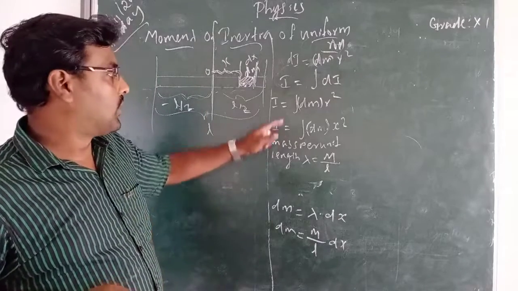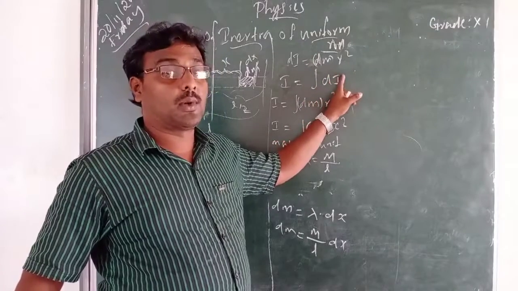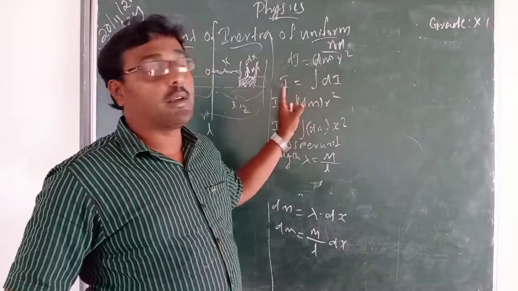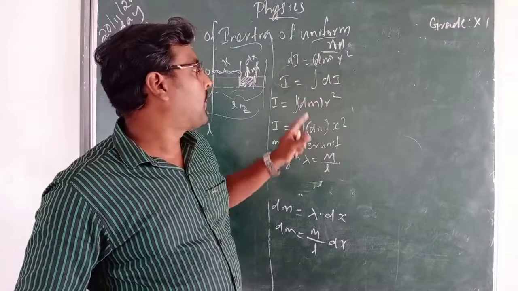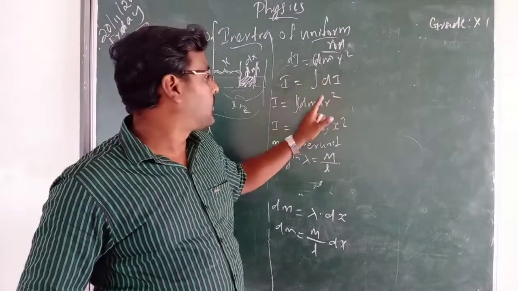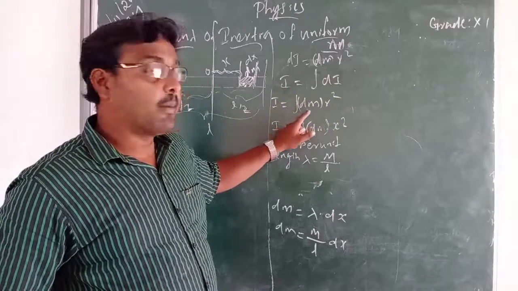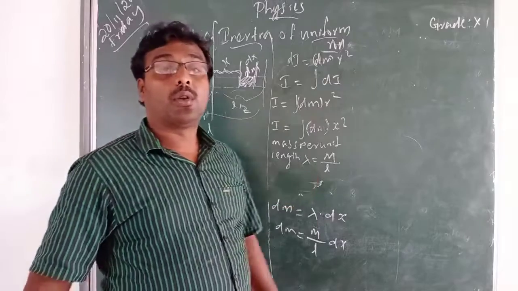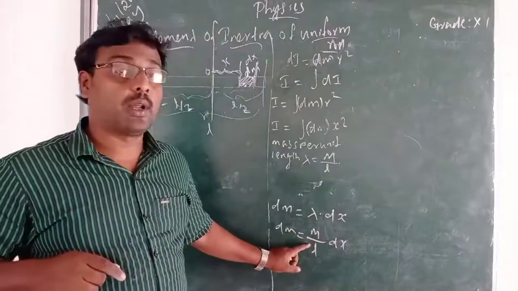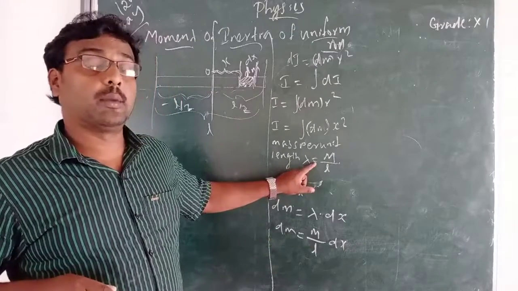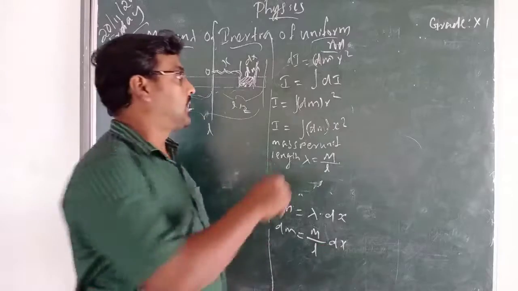Understand now? So listen here. First you write the basic formula: dI is equal to dm r square. If we integrate this equation, we will get the moment of inertia. For dm, we have to find the mass per unit length for a certain distance, which is M by L, and for the distance dx.